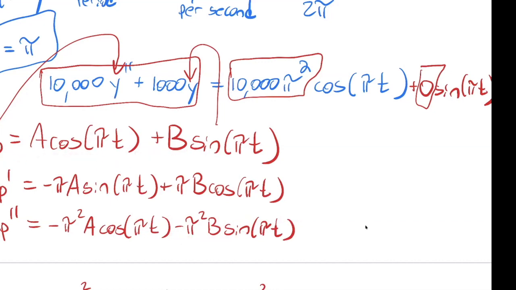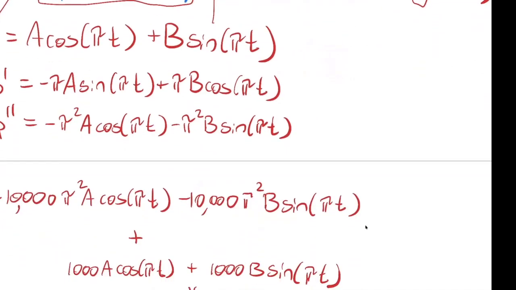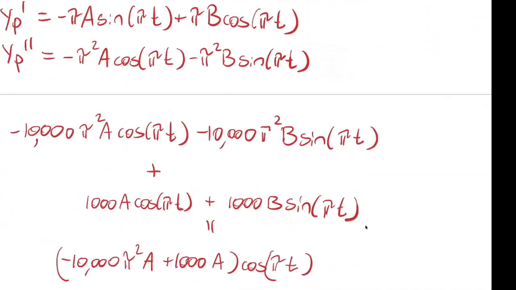I take y, I plug it in over here, and I group the terms. So this stuff over here is the 10,000 times the second derivative, and then we're going to add to that 1,000 times the original function y.